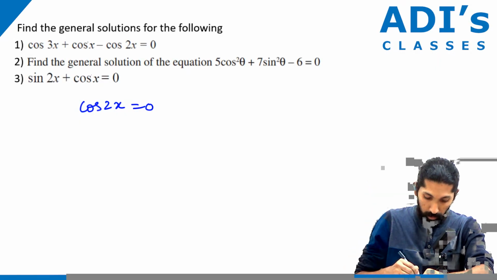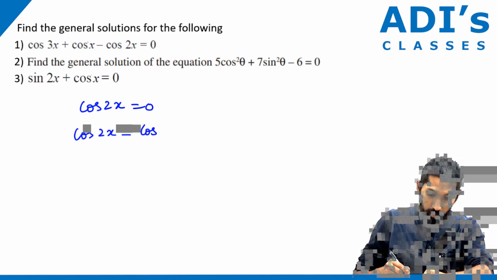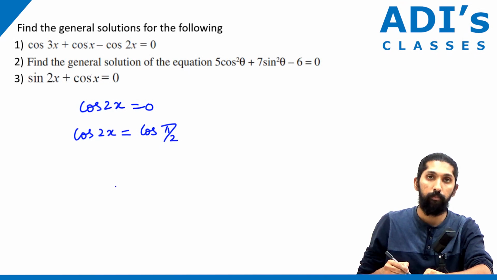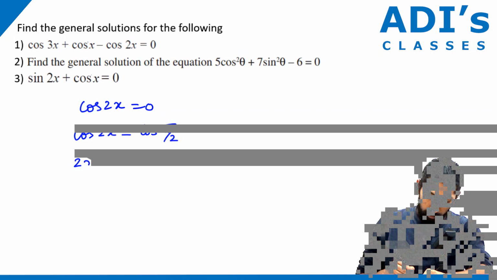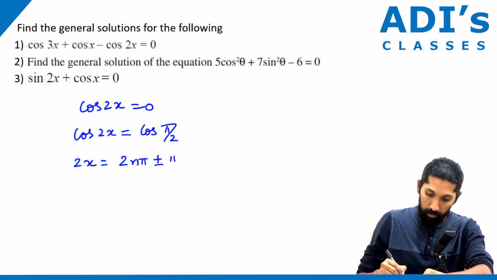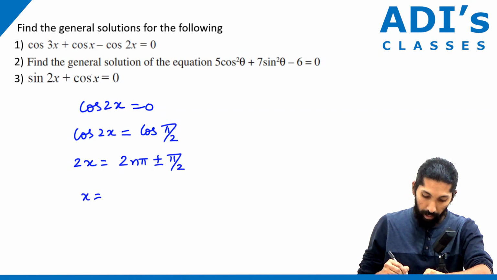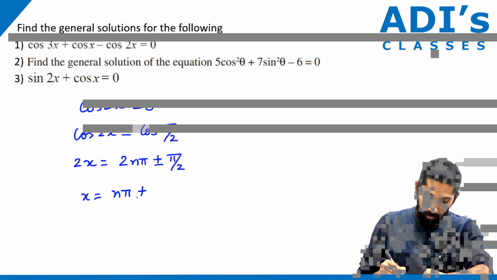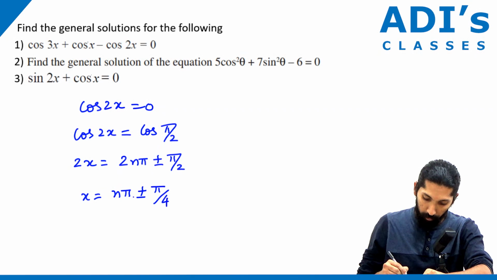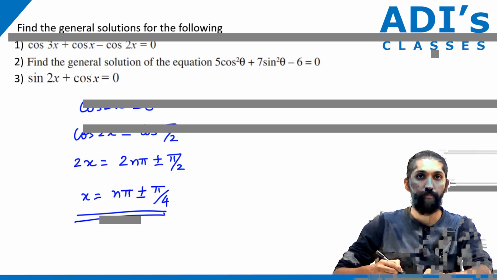So here cos 2x is equal to cos pi by 2, or 2x is equal to 2n pi plus or minus pi by 2, or x is equal to n pi plus or minus pi by 4. So this is going to be the general solution.